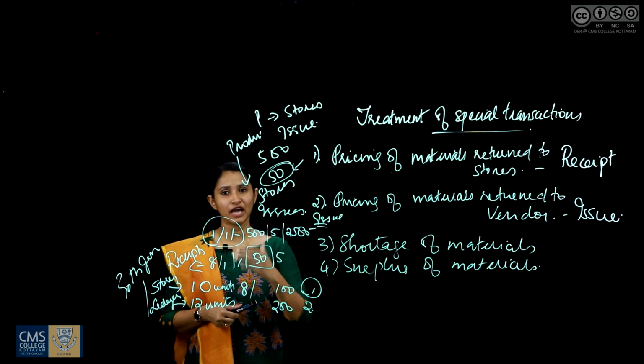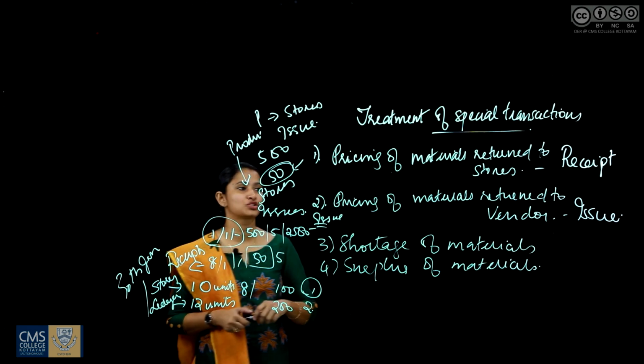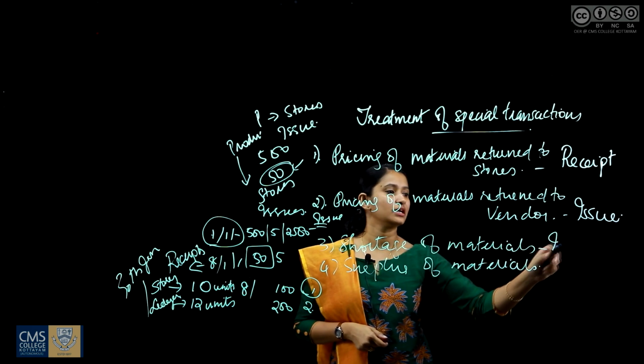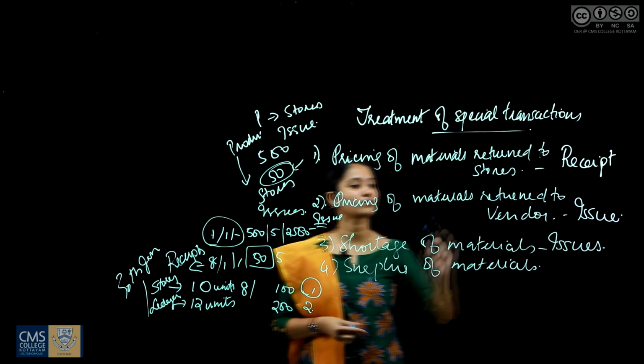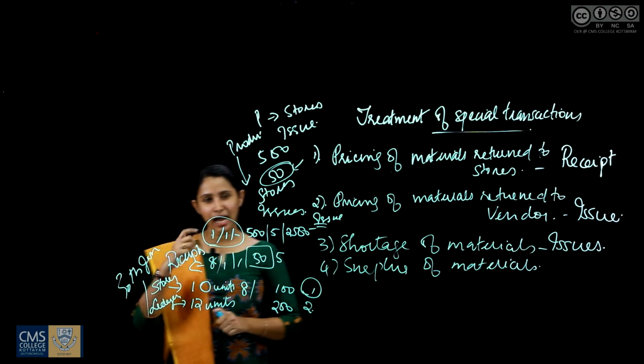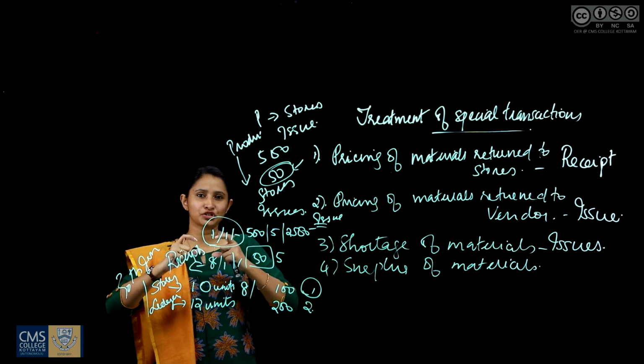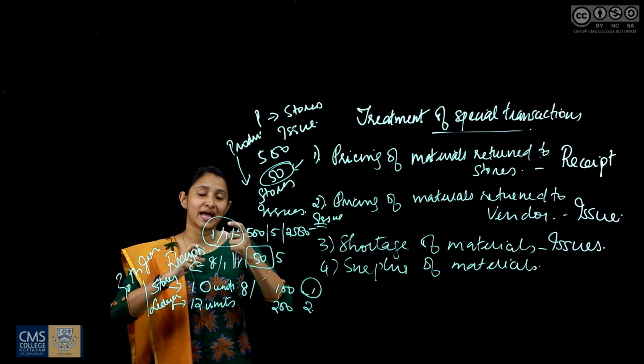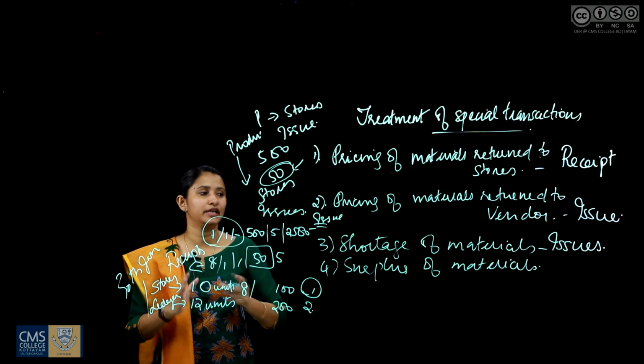If we have to reduce the number of units in our stores, we have to show it in the issue column. So shortage of materials is shown in the issue column. That happens because your ledger shows a higher balance than what is actually available in your stores.